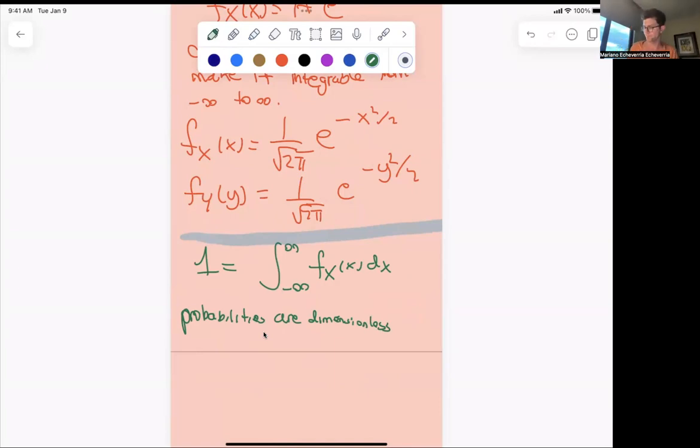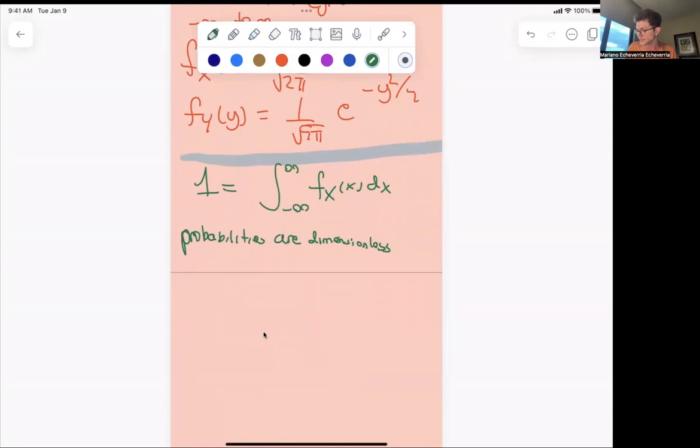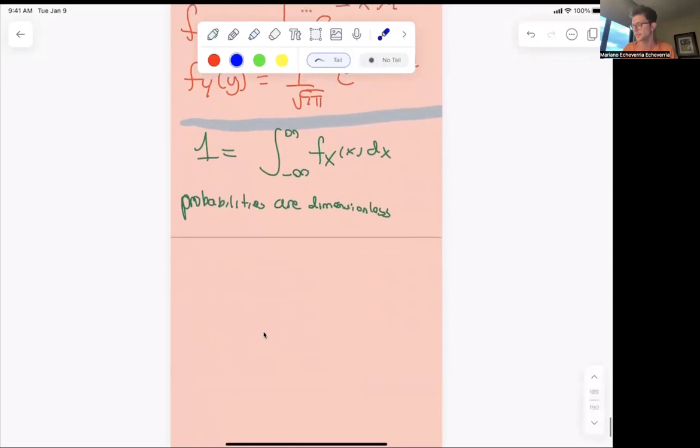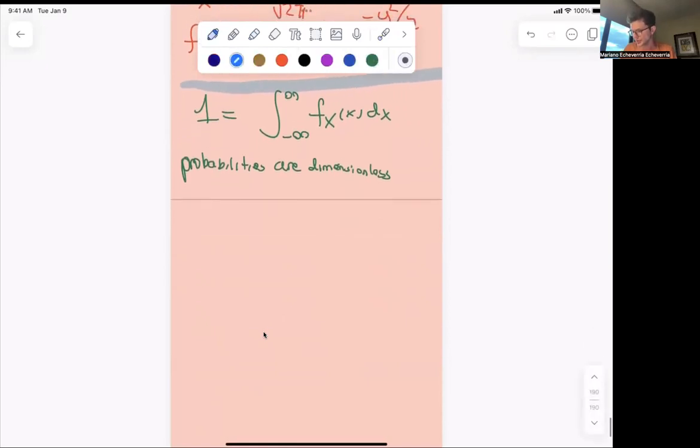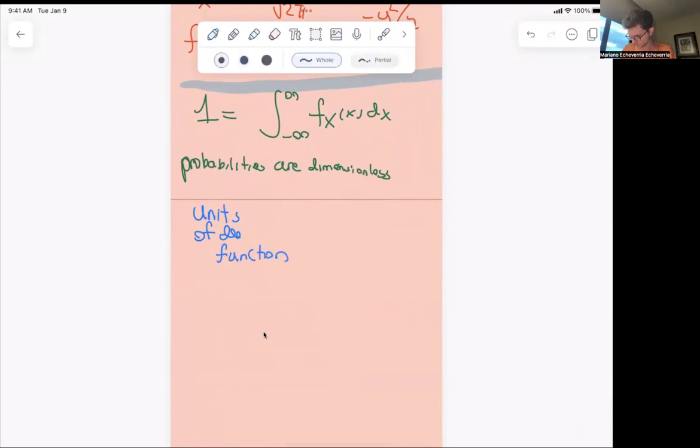The argument. So since the probability has no dimensions, if the random variable has dimensions, then the density function must have dimensions of the inverse of the random variable. So it's also useful to know that the density functions are not dimensionless. Their units are 1 over the units of x.